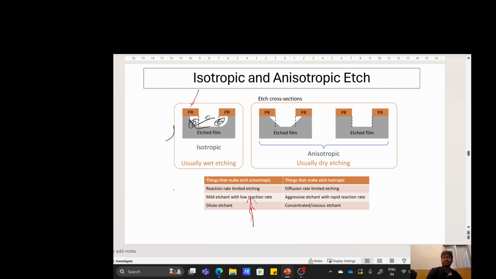This under etch is because the developer or etchant that we are using is etching uniformly in all the directions. In anisotropic etching, a particular surface is etched more as compared to the other surfaces. That is anisotropic etching.